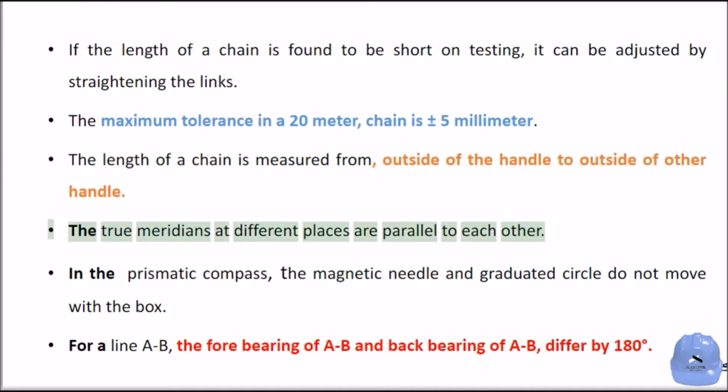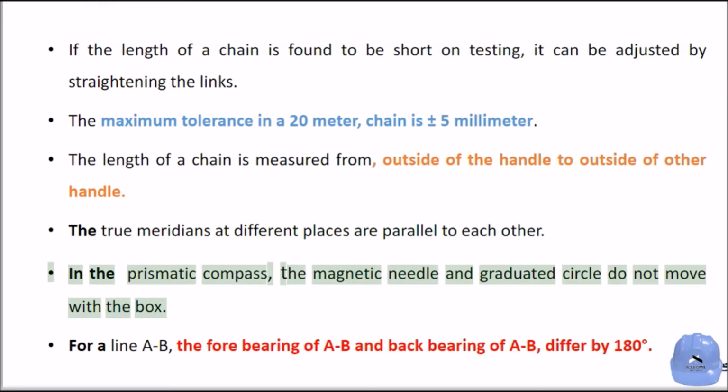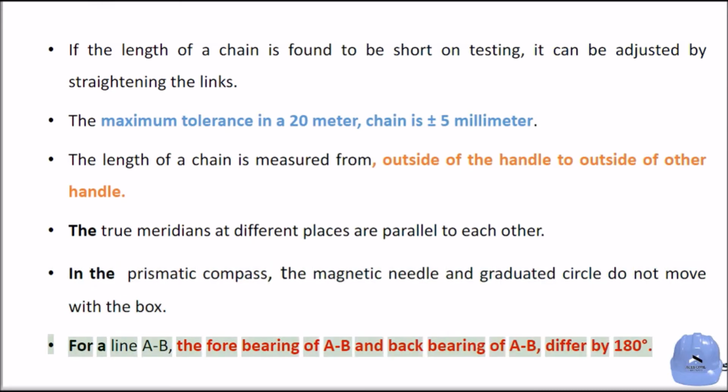The true meridians at different places are not parallel to each other. In the prismatic compass, the magnetic needle and graduated circle do not move with the box. For a line AB, the fore bearing of AB and back bearing of AB differ by 180 degrees.